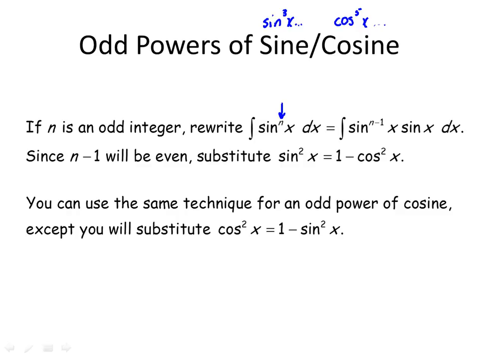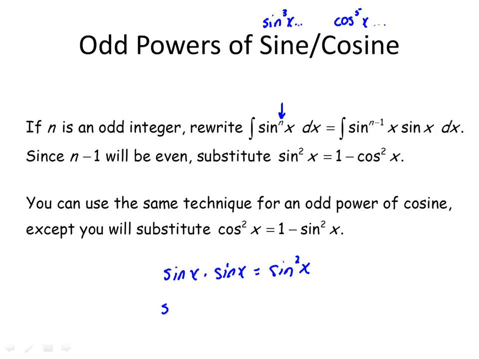You're going to rewrite your integral, sine n or cosine, whatever, as take your sine and lessen it by 1, and then multiply it times another sine. Because you know sine x times sine x is sine squared x, right?